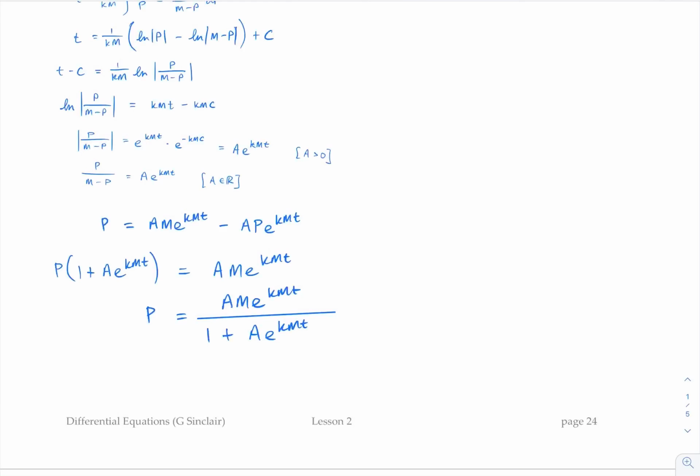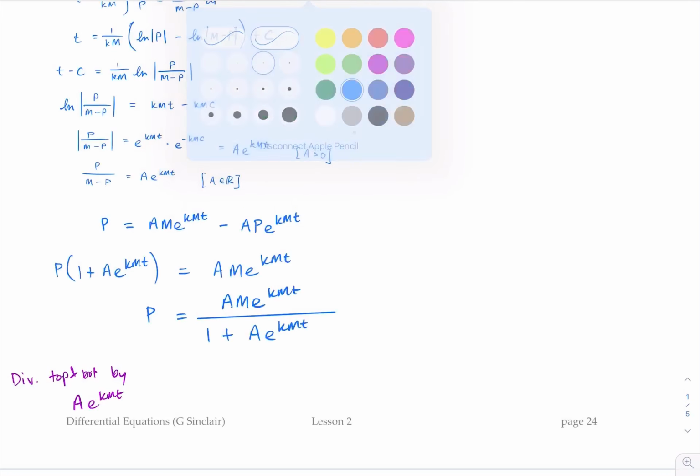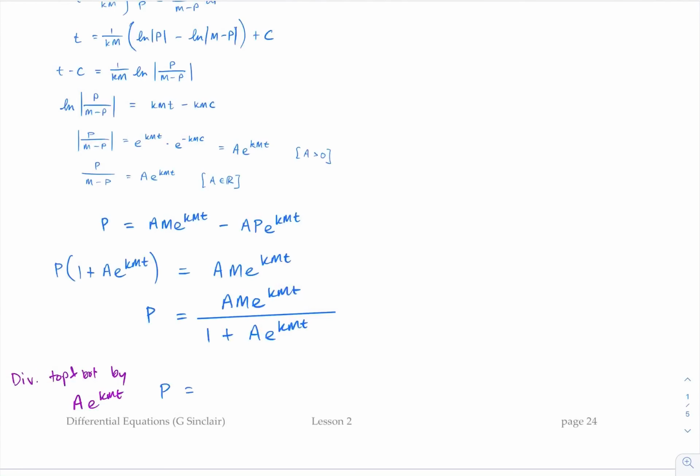We can simplify it a bit by doing something a little bit special. We're going to divide top and bottom by what they've got in common, and that is A e to the kmt. That gives us P equals m over, now the 1 divided by the A e to the kmt is A to the negative 1 e to the negative kmt, and then we've got plus 1.